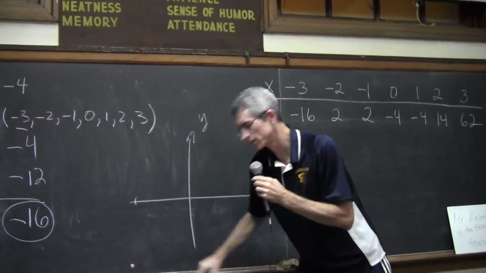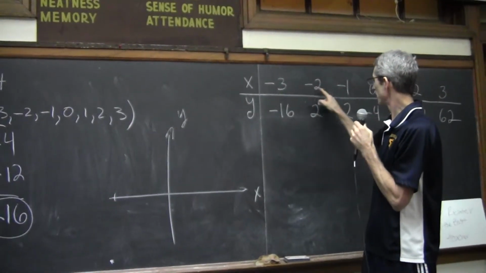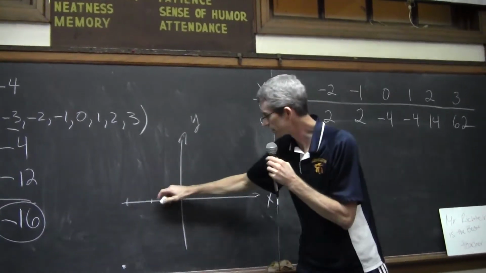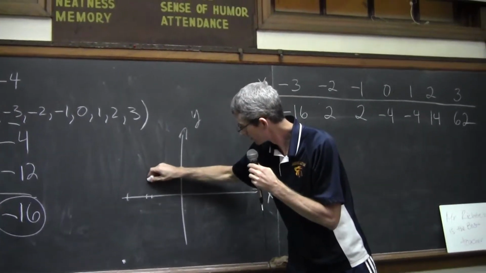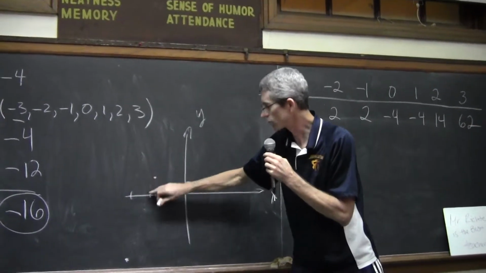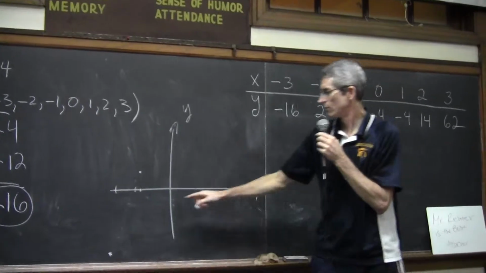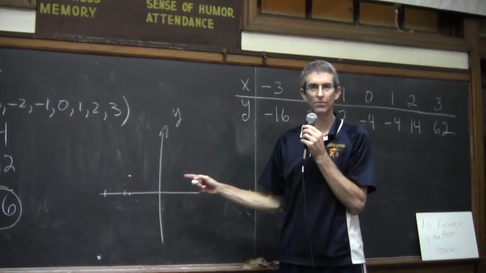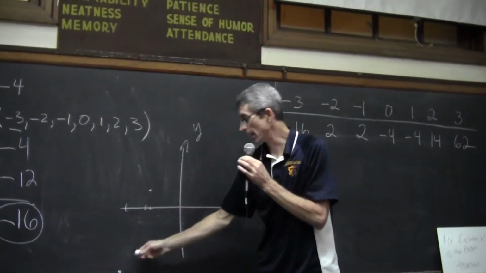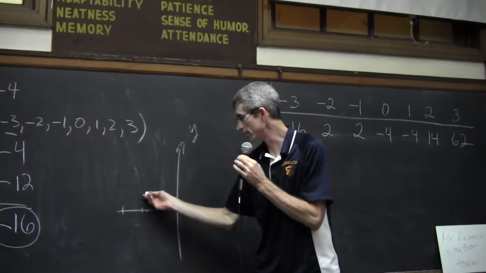Just estimate that. When x is negative 2, look what happened. Y jumped up to positive 2. So I know this graph somehow jumped across the x-axis between those 2 points. I guess in theory it could have crossed a couple times, but I know it crossed at least once to get there.